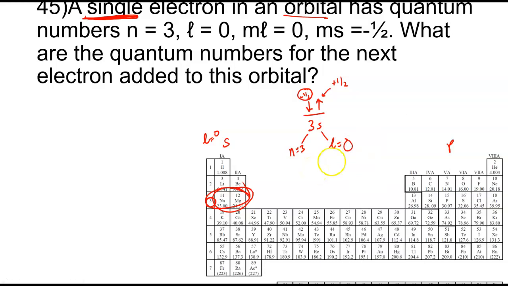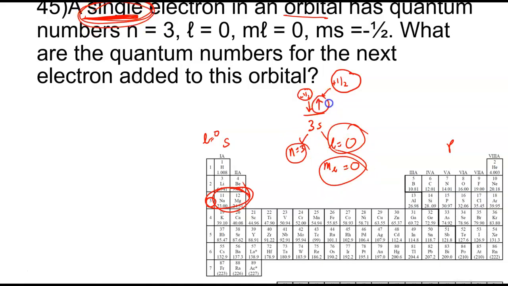And then if L is 0, M sub L is 0, because that's the only possible value. And then instead of negative 1/2, it's plus 1/2. So that is where the next electron would go. Again, the key was it said there was only a single electron in that orbital, which means we could add another electron. And if this one's going down, then this one must be going up.